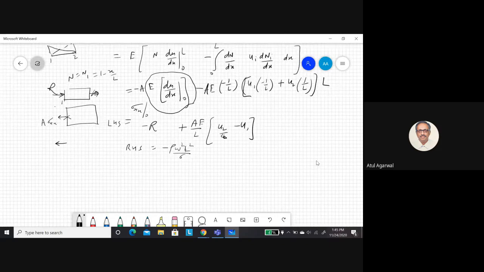So what is our equation? EA by L times U2 minus U1 equals R minus rho omega square L square by 6. Similarly for the other, you see, there is a minus sign here. So you had a minus 1 plus 1.